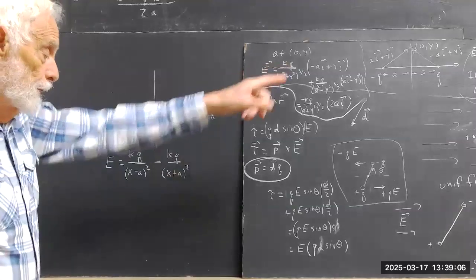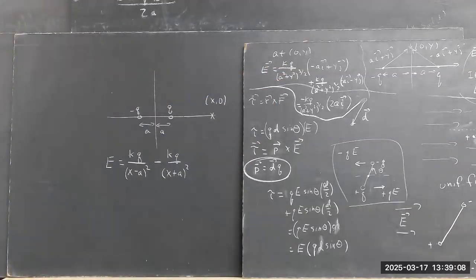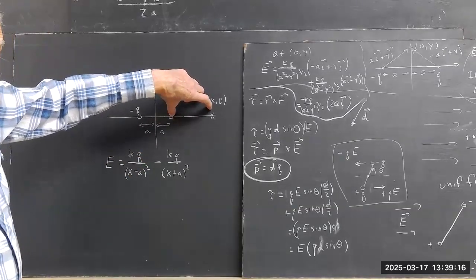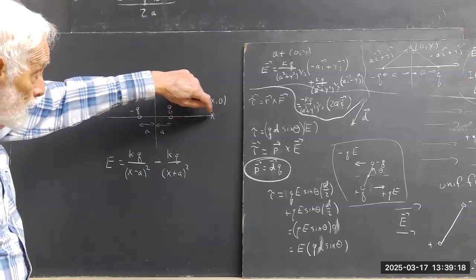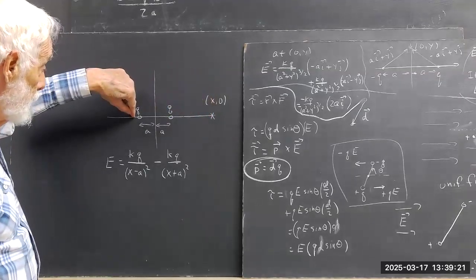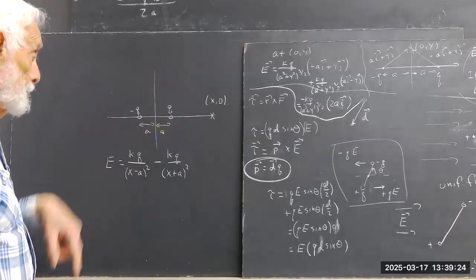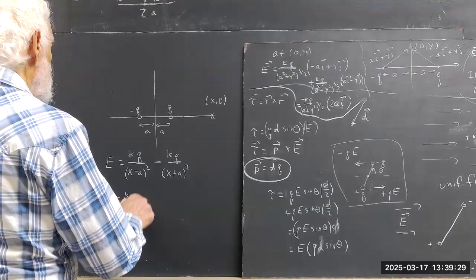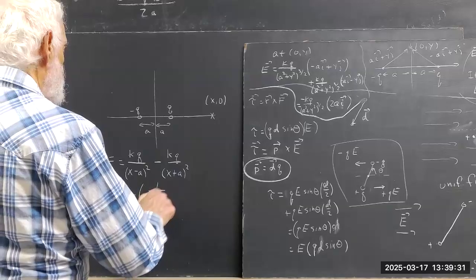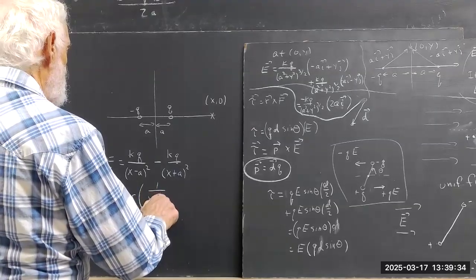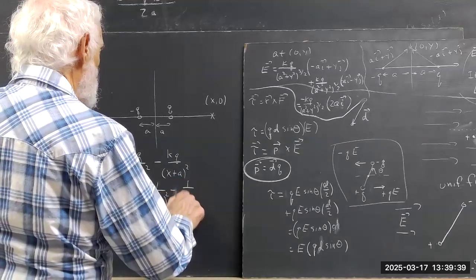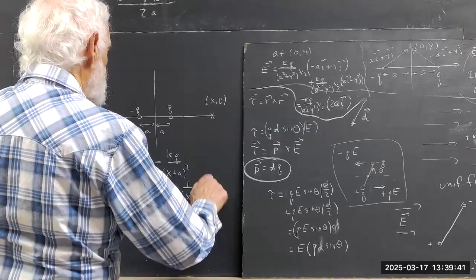Much simpler looking expression than this. Okay. Out at x, x minus a, well, that's how far it is from the positive charge out to x, right? And from here to here is x, and I add a, and now I get the distance of this one. So that's all pretty simple. So this is kq times 1 over x minus a squared minus 1 over x plus a squared.